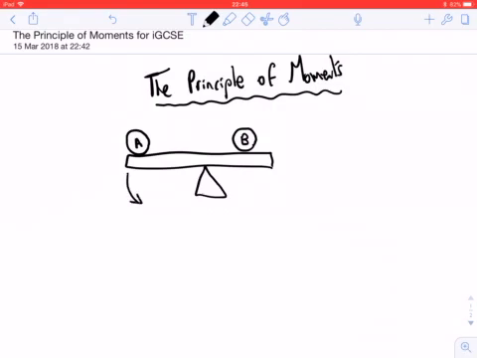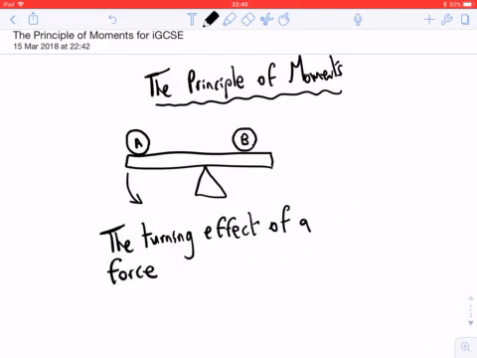And you'd be right. And the reason for that is because of the principle of moments. The principle of moments says that the turning effect of a force depends on two things.